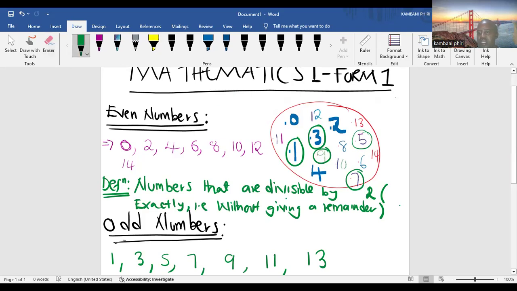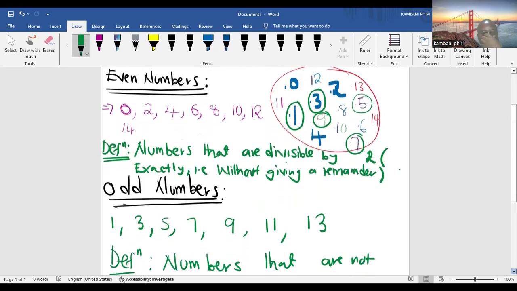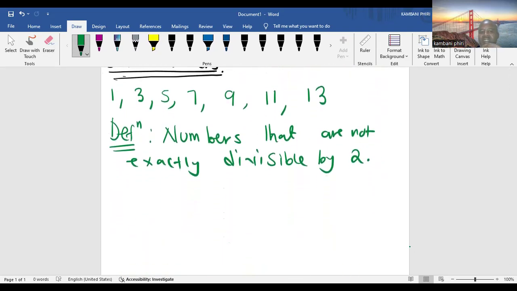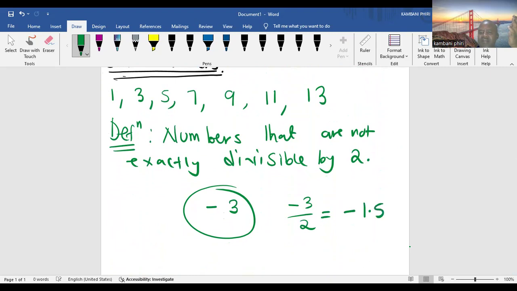All right. If you look at odd numbers, negative 3 is an odd number, right? Though it's negative, because negative 3 divided by 2, you get negative 1.5. There will be a remainder of 1.